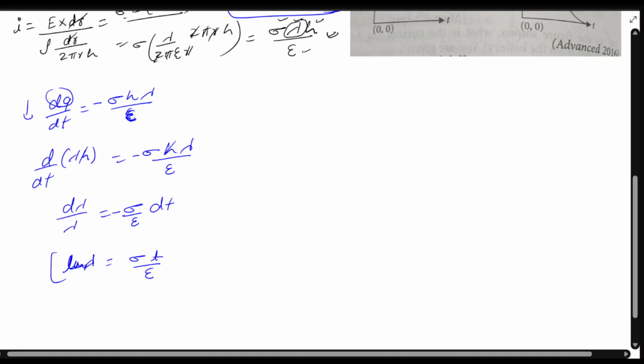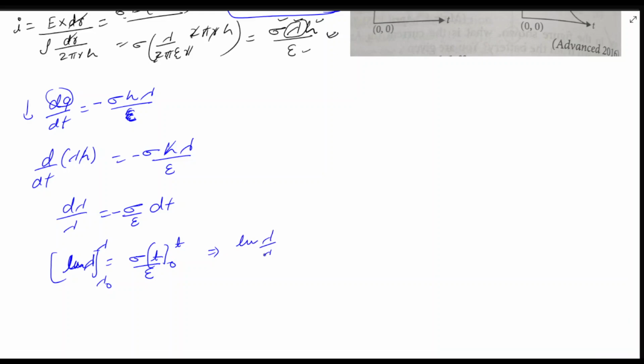Now, if you put the limit at t equal to 0, it is, let's say, lambda naught, and after a time t, it will be lambda. So we have ln of lambda upon lambda naught equals minus sigma t upon epsilon.